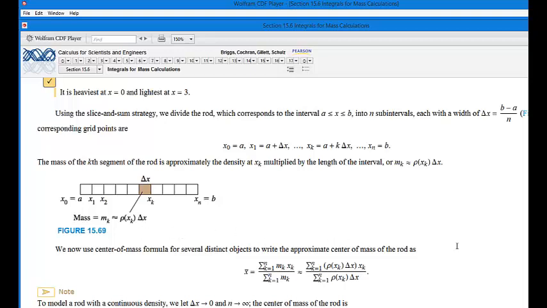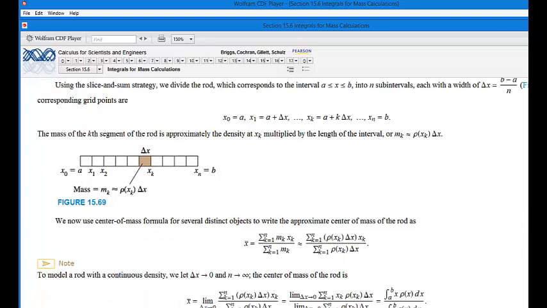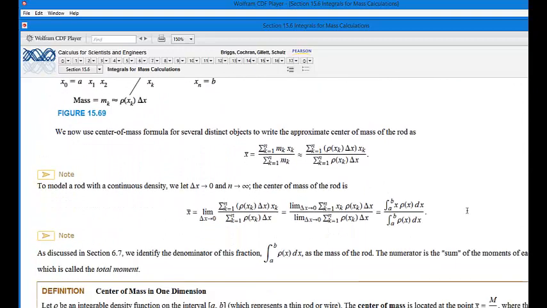And so we go to our center of mass formula. There we go. Same thing. I have this rho of xk. This truly is a Riemann sum at this point, because we're taking the limit as delta x goes to 0, which means n is going to go to infinity.